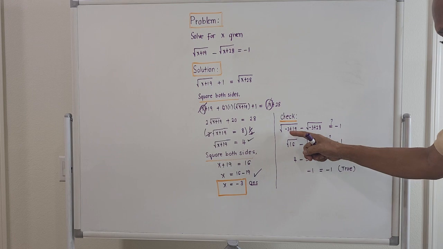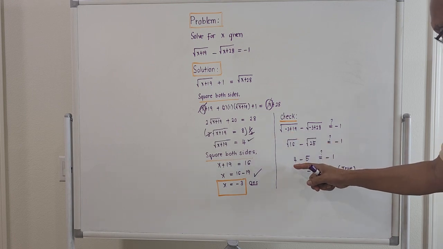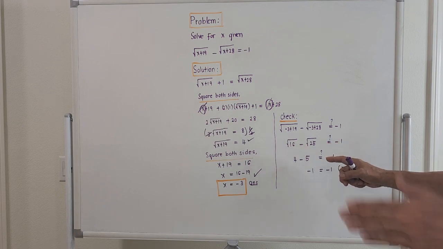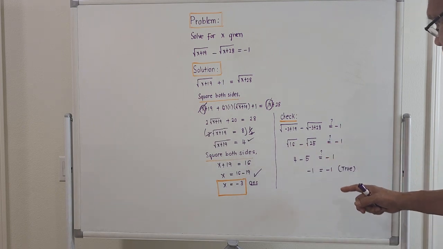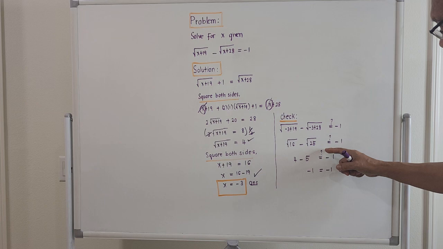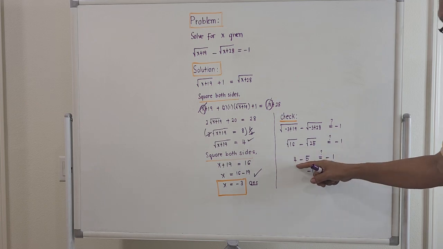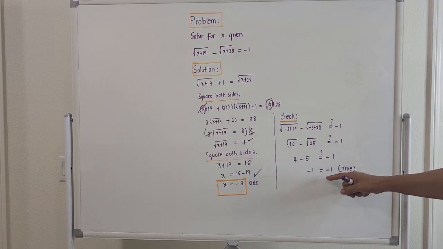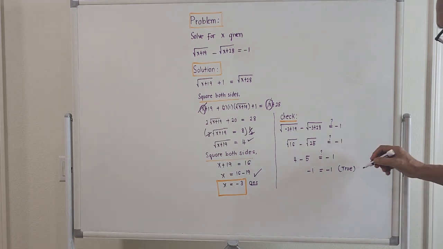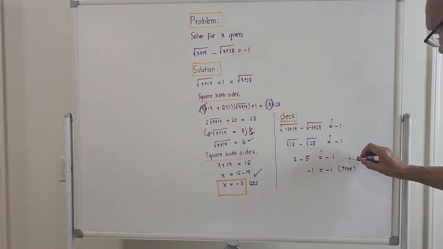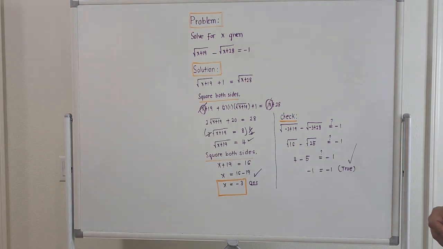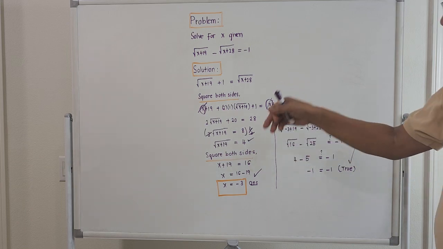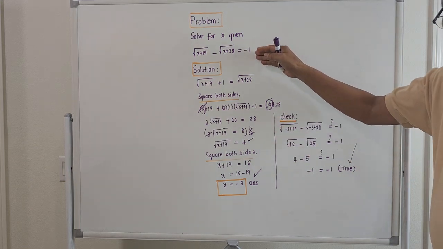The square root of 16 will be a positive 4, and the square root of 25, taking only the positive sign, is 5, so minus 5. Is 4 minus 5 equal to negative 1? Negative 1 is equal to negative 1. It is true. So our answer x equal to negative 3 satisfies the given original radical equation.